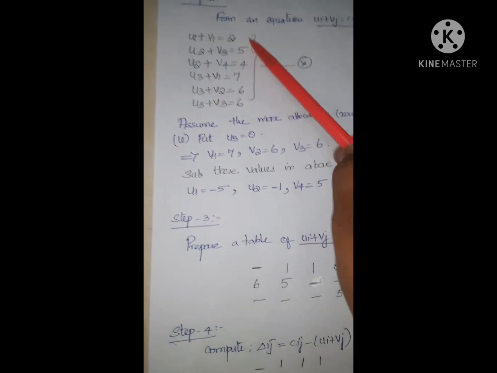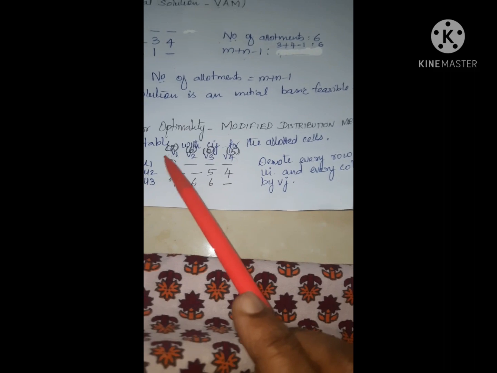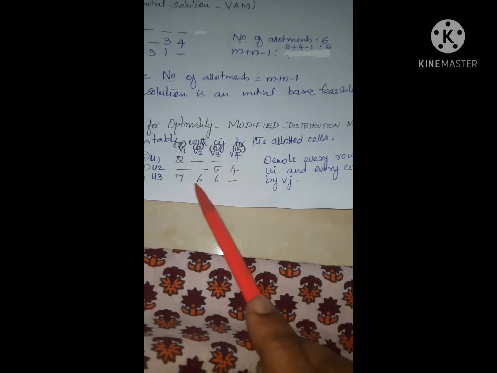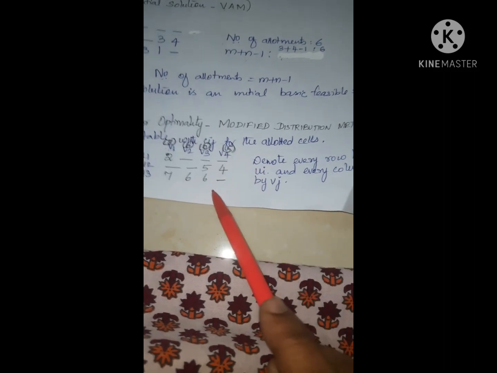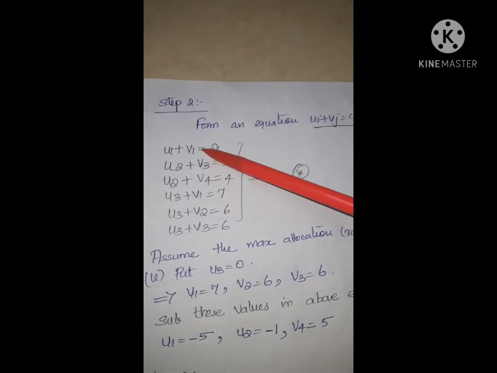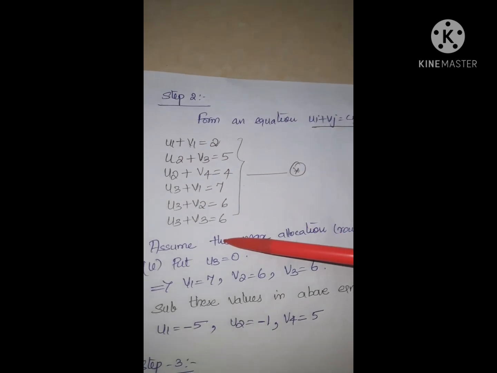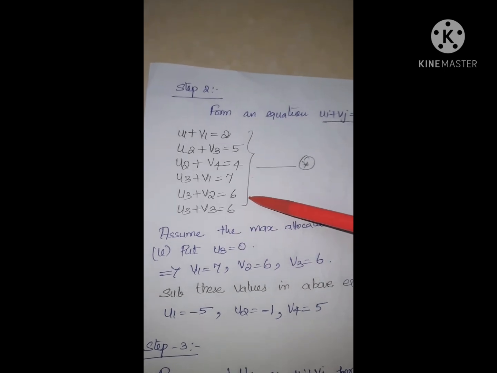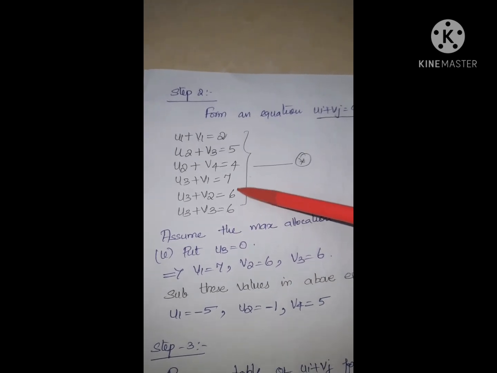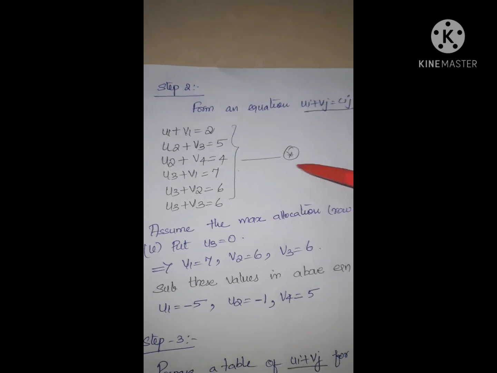Because we had 6 occupied cells, we have the corresponding 6 equations. For our understanding, let us denote this set of equations by asterisk.